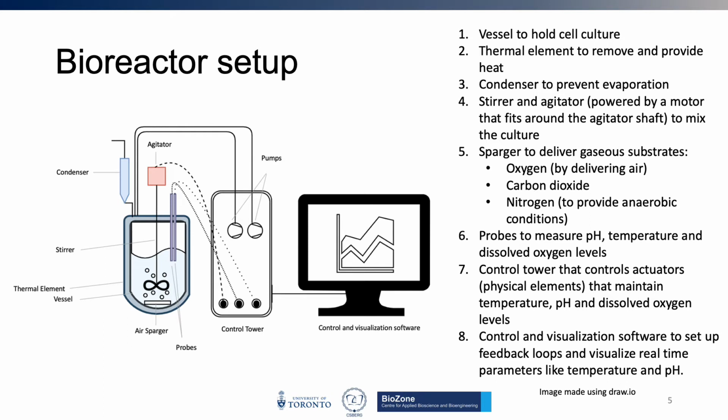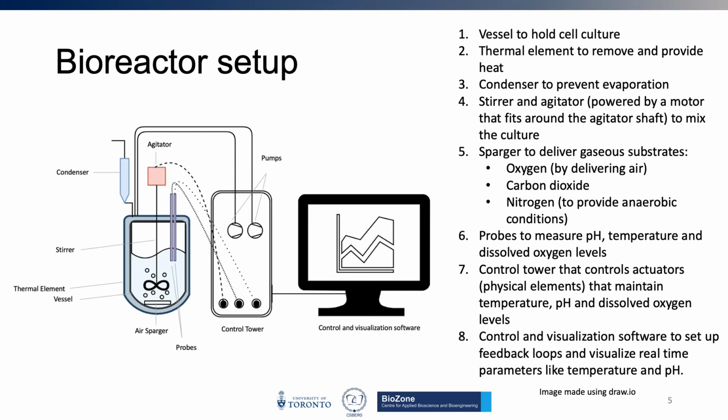So right now I just want to go into the equipment that comprises a bioreactor and how it's set up. So first you have a vessel, which is typically a glass or a stainless steel vessel that holds the cell culture. You have a thermal element that varies from reactor to reactor that can remove and provide heat based off of what your process needs are at a given time.